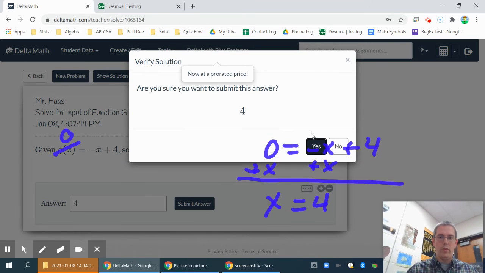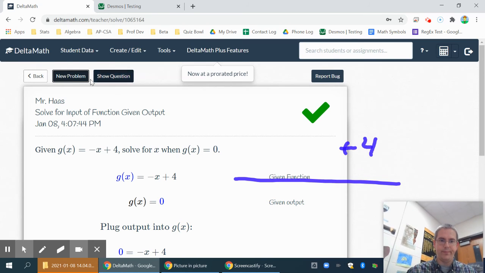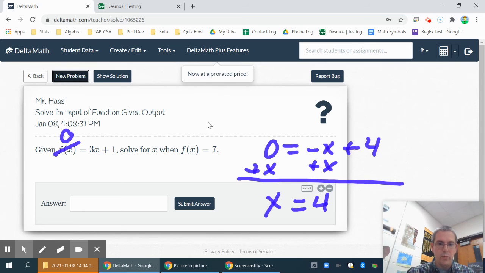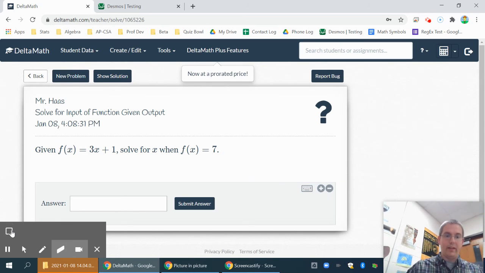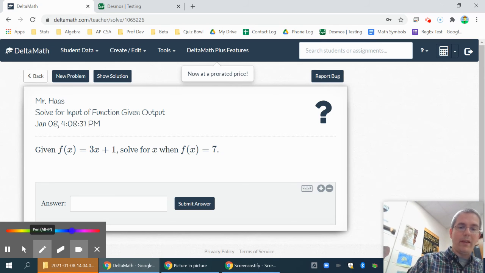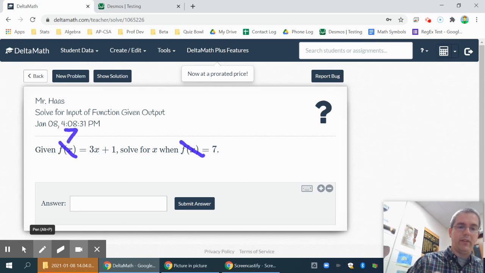We'll look at one more together, though. This one, get rid of those old marks. Once again, they didn't replace the x with a 7, but they said f of x is equal to 7. So f of x, remember, is basically the same thing as a y equals. So they're replacing this whole thing and setting it equal to 7.